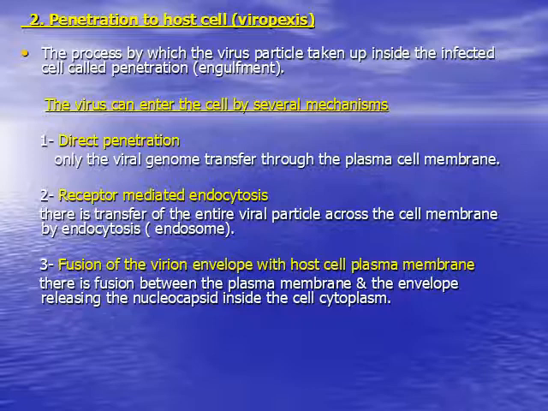The virus can enter the cell by several mechanisms. One, direct penetration: only the viral genome of the virus is transferred through the plasma membrane. This is called direct penetration.